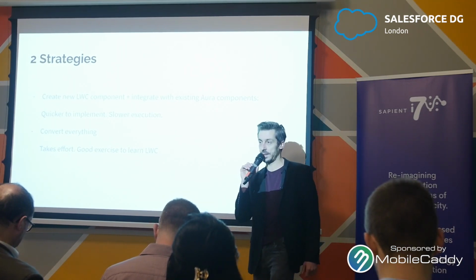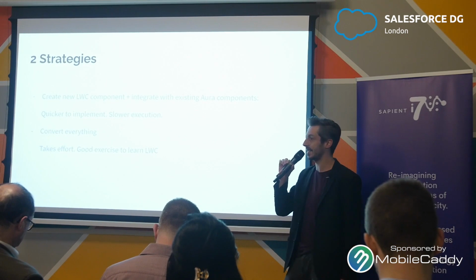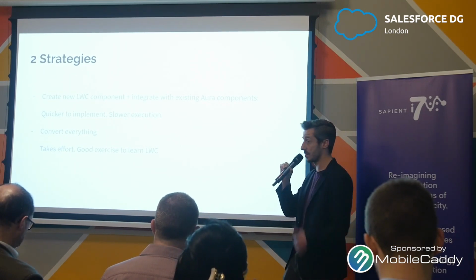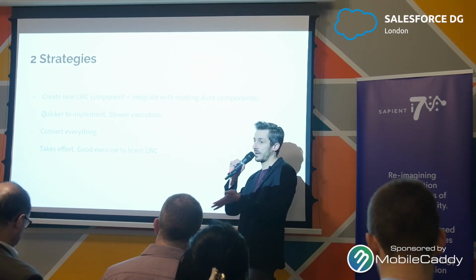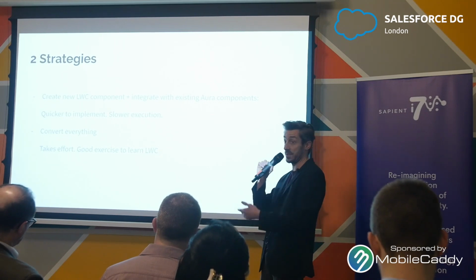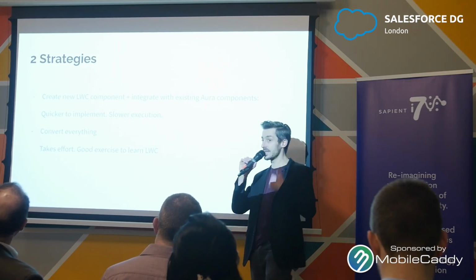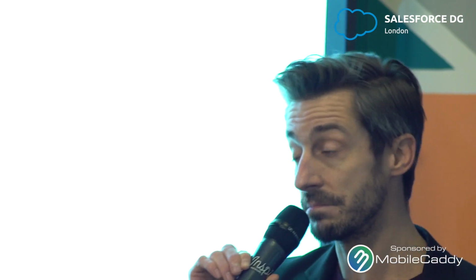So my main culprit here is dynamic component creation. So when, instead of declaratively saying, I want this component, you actually instantiate it dynamically in the controller. That sounds fancy, that sounds like a cool way of doing it, but it's actually totally forbidden now in LWC.